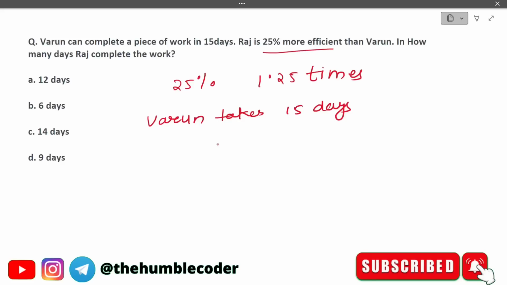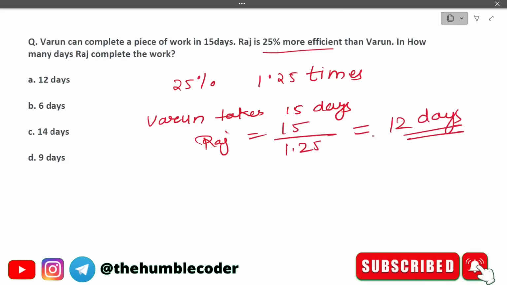So how can we calculate that? Raj will take 15 by 1.25. In this case, our answer is 12 days. So the correct answer is option A, which is 12 days. Let's move on to the next one.